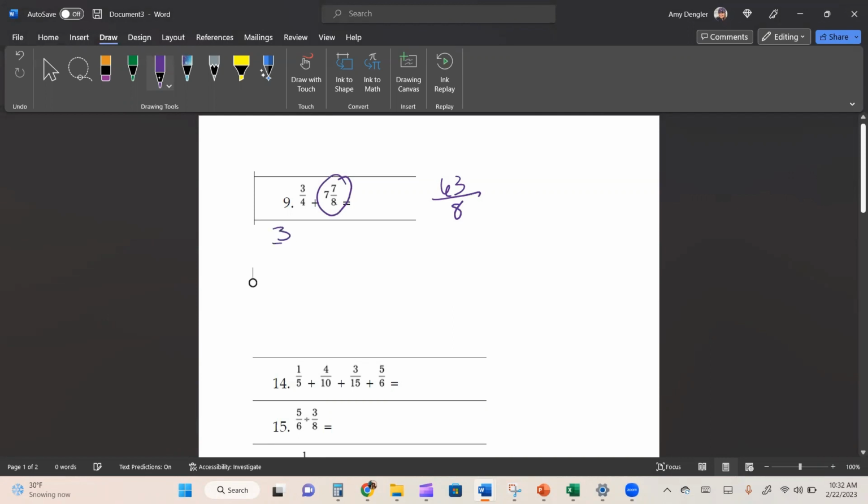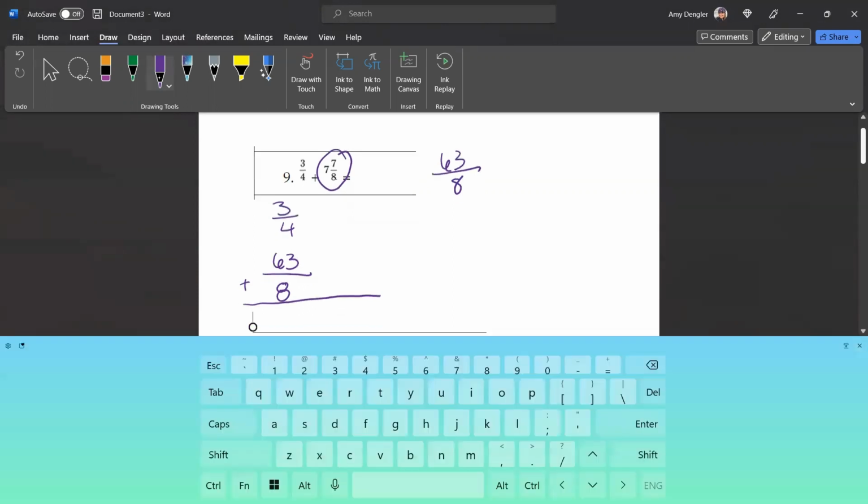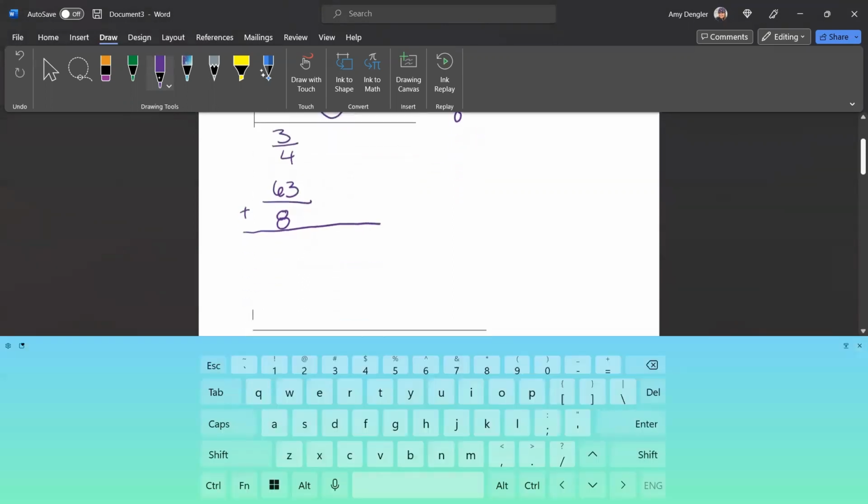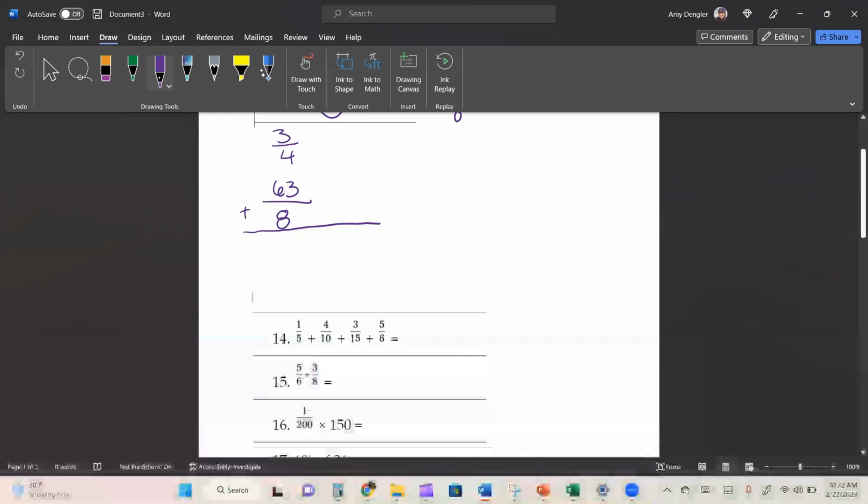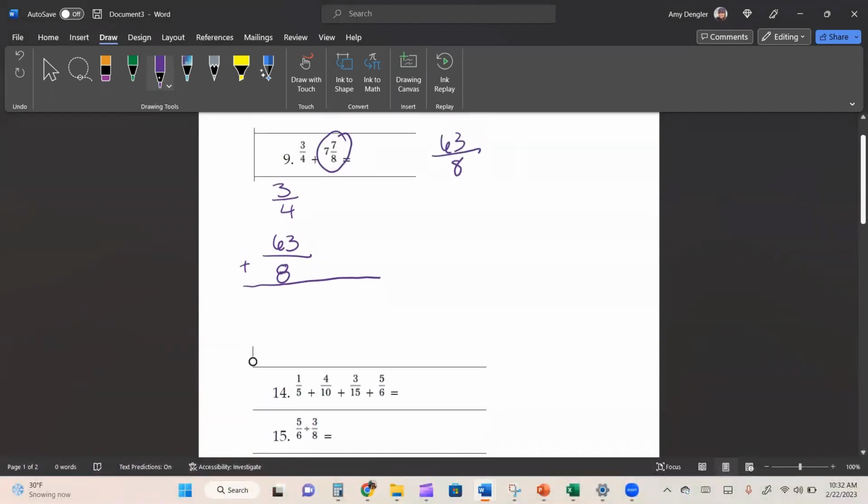So I'm going to write it out like this. All right. So I'm going to draw another fraction bar here. So looking at 4 and 8, we need to find the lowest common denominator.